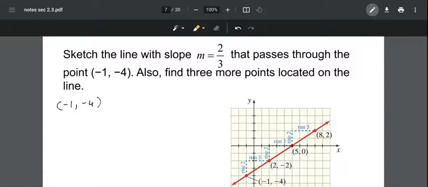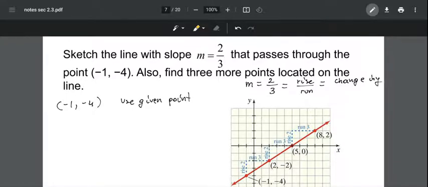You're going to use the given point to find 3 more, so we're going to apply the slope. We know the slope is equal to 2 over 3. The meaning of the slope is rise over run. Rise represents change in y. Run represents change in x.